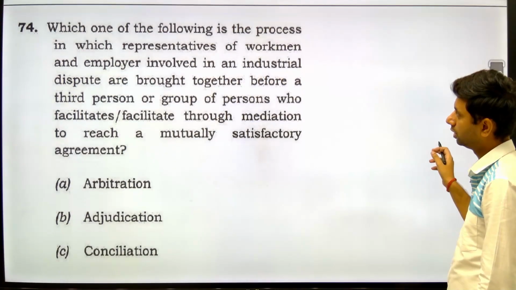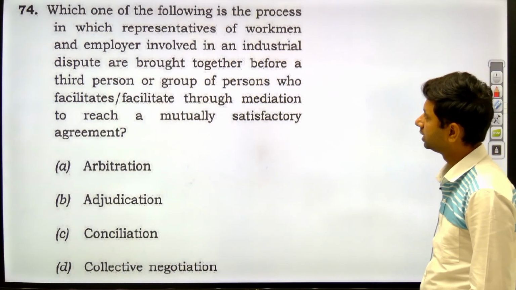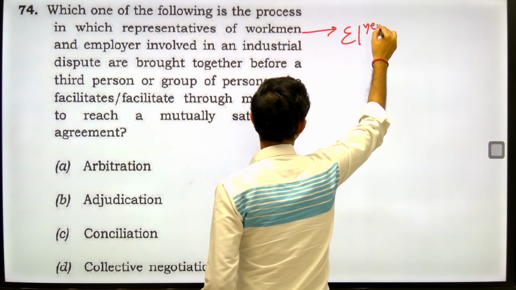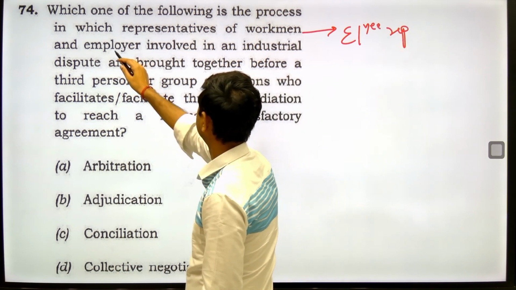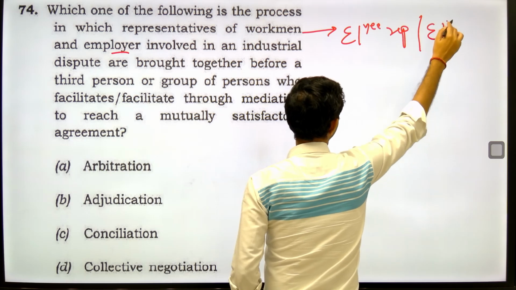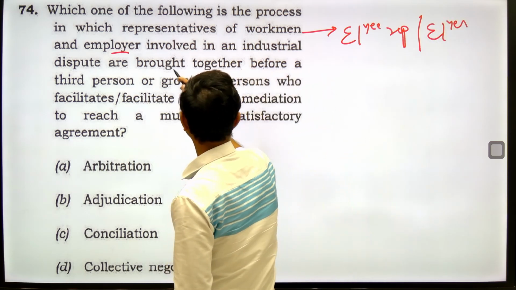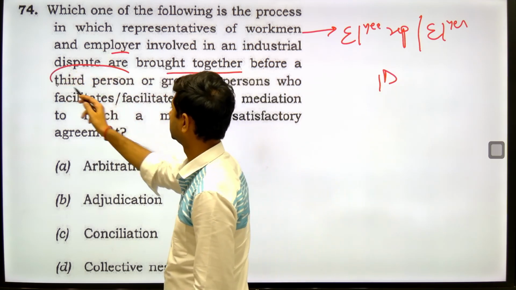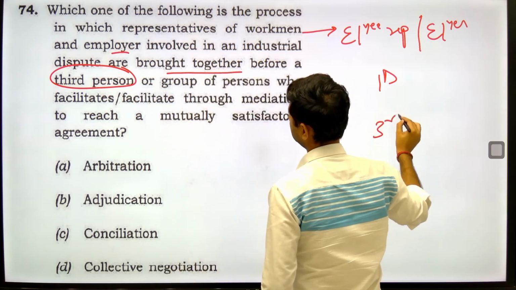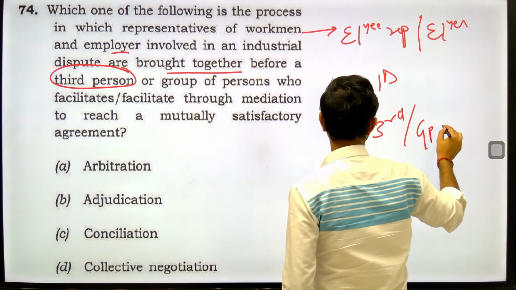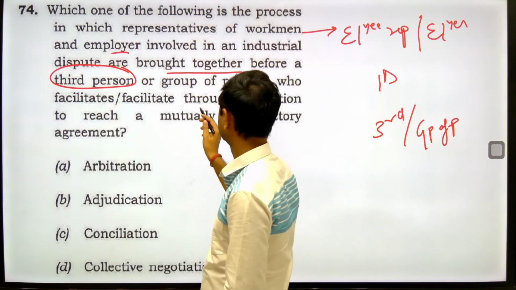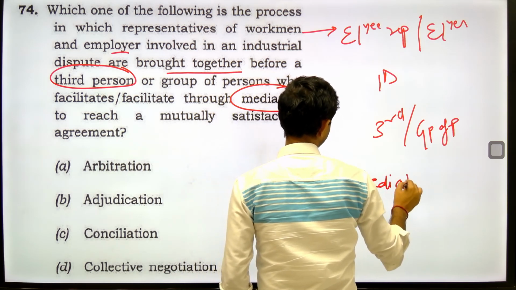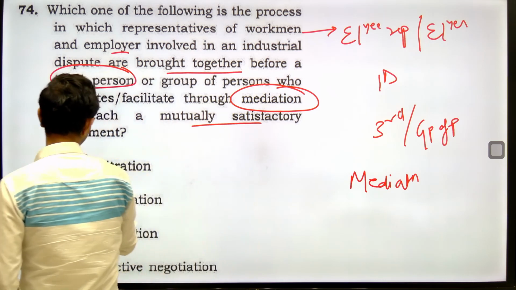Next: which one of the following is the process in which representatives of workmen, that means employee representation, and employer representation involved in an industrial dispute, are brought together before a third person, or a group of persons, who facilitates through mediation to reach a mutually satisfactory agreement.